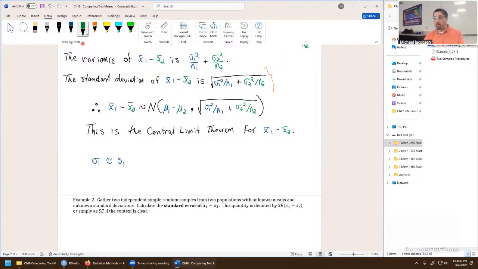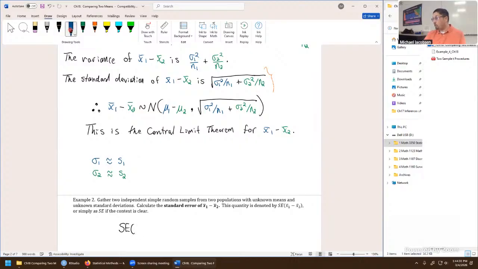And likewise, from the second population, sigma 2 is unknown, but it's approximately equal to its statistic, S2. That's effectively all we're doing. We're taking where those two parameters are, the unknowns, and plugging in another approximation into the problem. And this is already an approximation in and of itself to give us a standard error.